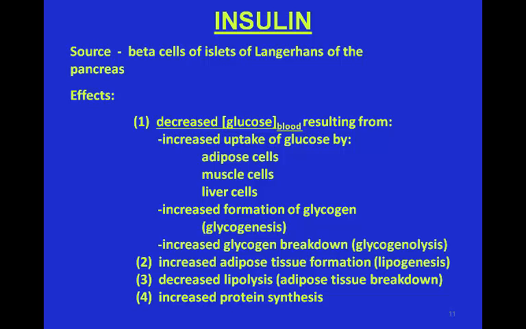Now we want to know a little bit more detail about how insulin decreases the concentration of glucose in the blood. There are several ways, but two of the main ones are that insulin causes glucose to be taken up into certain cells: adipose cells, muscle cells, and liver cells. For those three types of cells, if insulin is not present, those cells cannot take glucose up into them, and so those cells will literally starve in the presence of high concentrations of glucose.